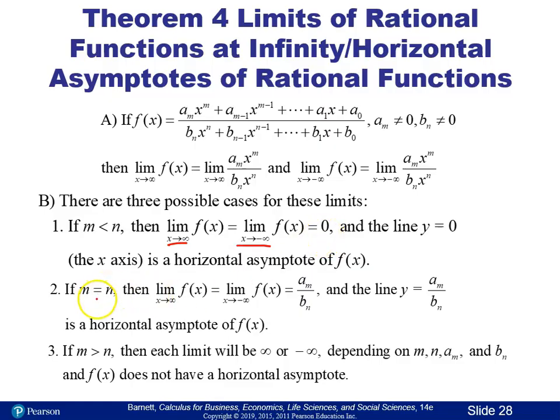If they're equal to each other, then it's going to be the ratio of their leading coefficients. So these two numbers here would be the horizontal asymptote, and therefore the limit as it goes to infinity and negative infinity. And if the degree of the numerator is more than the denominator, then each limit's going to either be infinity or negative infinity, depending on the values in the problem.